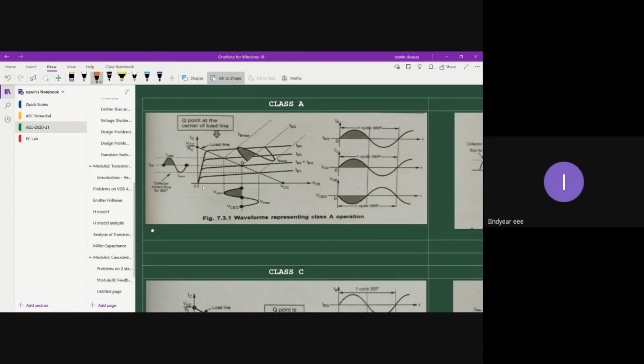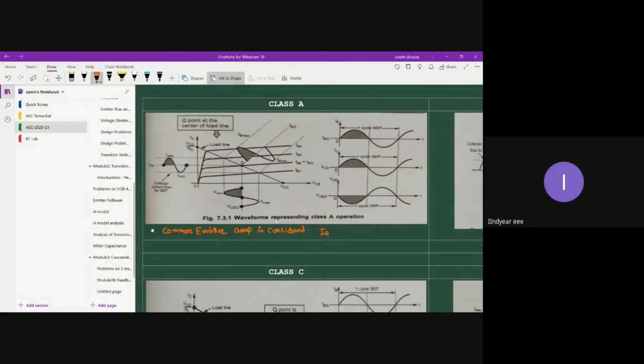So if you see the transistor output characteristics, once again, this graph is being drawn on the basis of a common emitter amplifier. Okay, common emitter amplifier is considered.